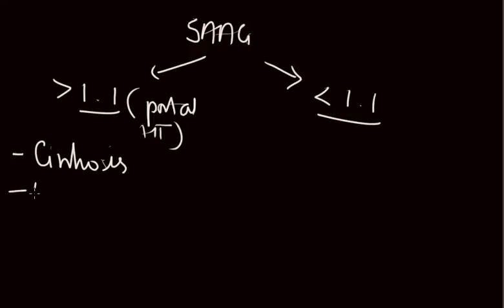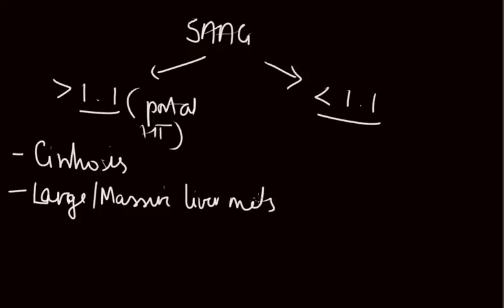Other causes are large or massive liver mets. If you have a large volume of liver metastases, you will have increased portal pressure, you will have portal hypertension, and you will get a high SAAG ascites.